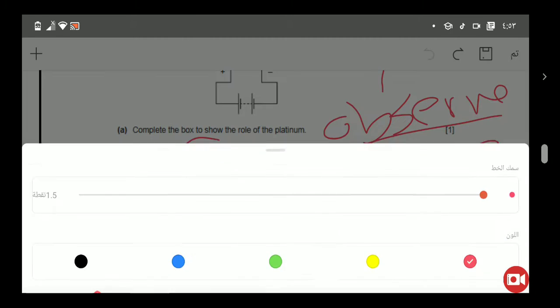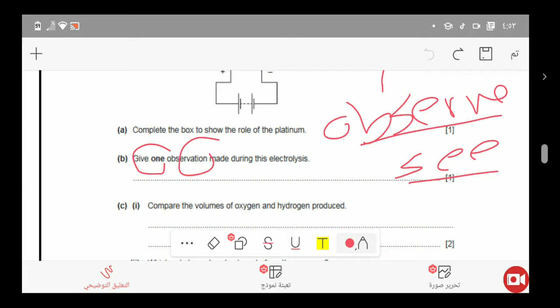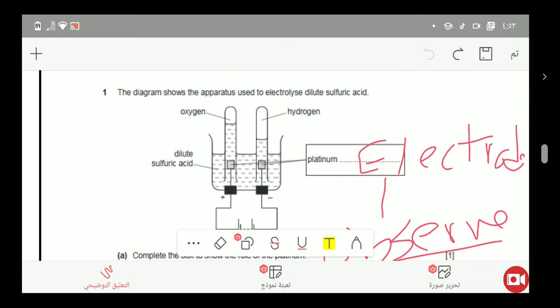Over these electrodes you will note that there is a bubble here, and also a bubble here.